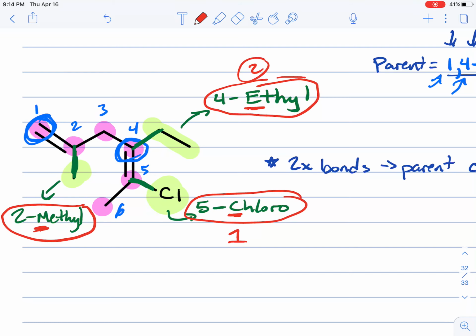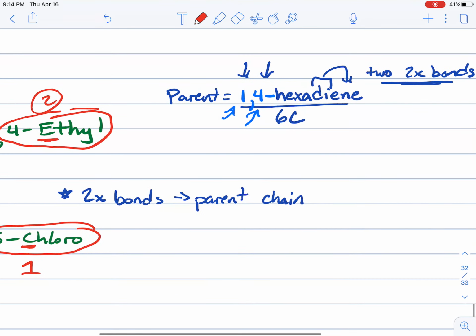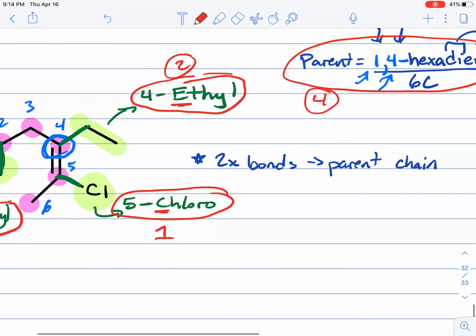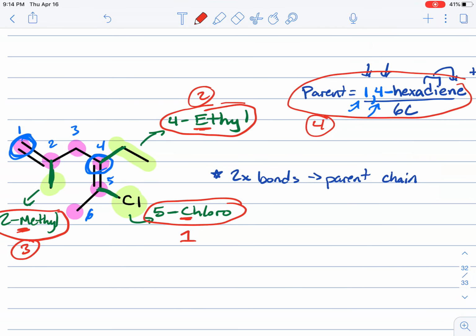And then M is third. And finally, I'm going to name my parent. So that's the fourth item I'm going to use in my naming of this compound.